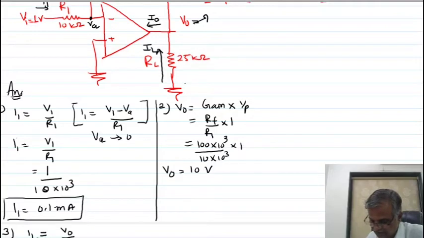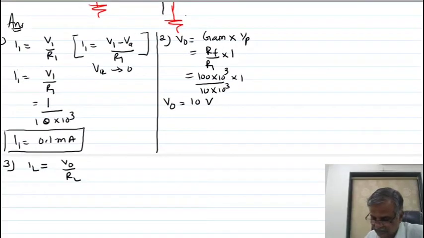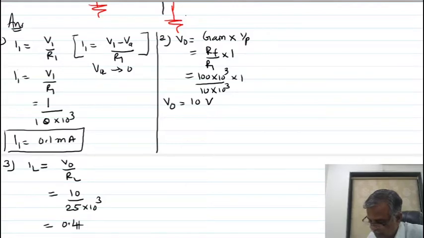So I can easily write VO by RL. VO I have calculated as 10 volt. RL is 25 kilo ohm. So this is 0.4 milliampere. This is your IL.